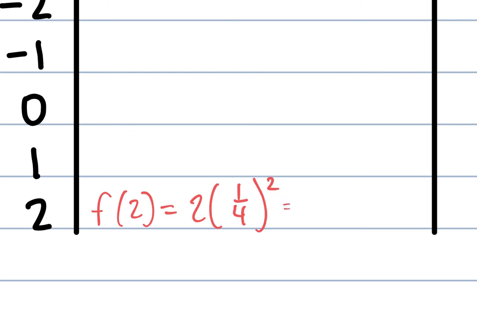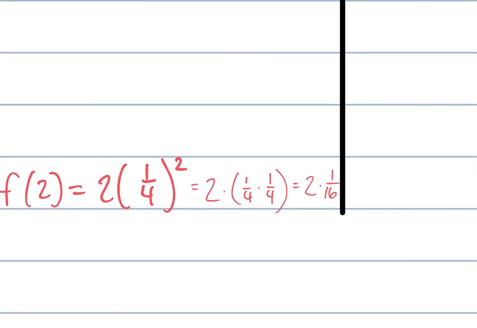So this is the same as 2 times 1/4 times 1/4. Agreed? What's 1/4 times 1/4? It's 1/16, right? So this is 2 times 1/16, which is 2/16, which simplifies to what? 1/8, okay?